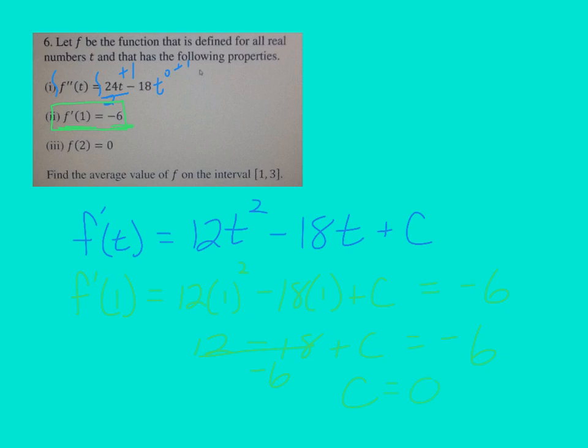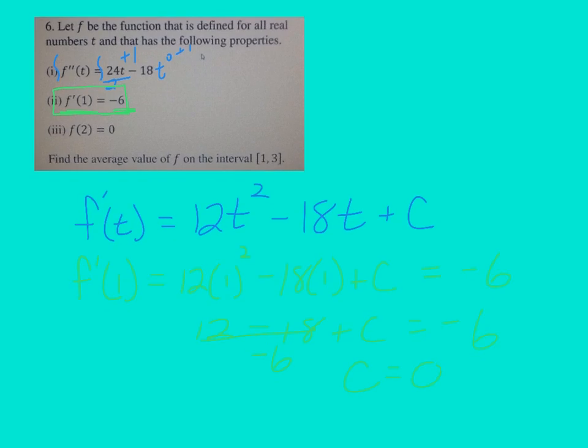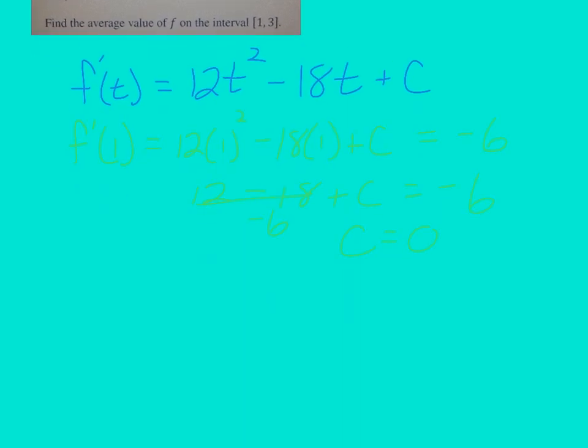So that's going to tell me that f prime of t is 12t squared minus 18t. c is 0, so I'm not writing it.